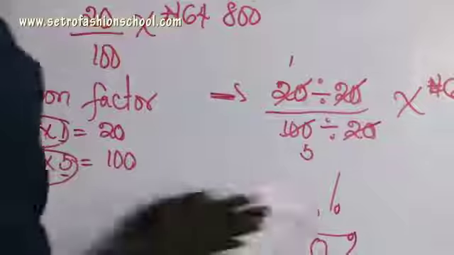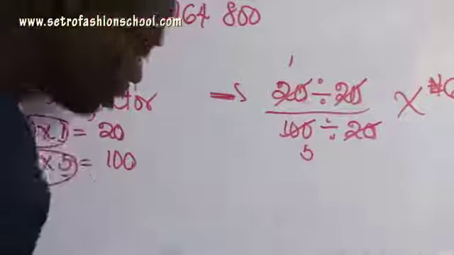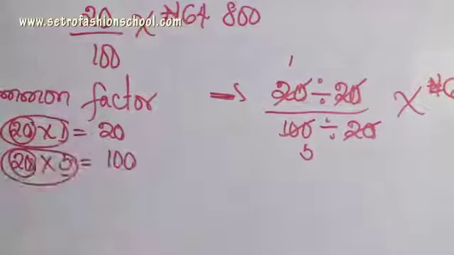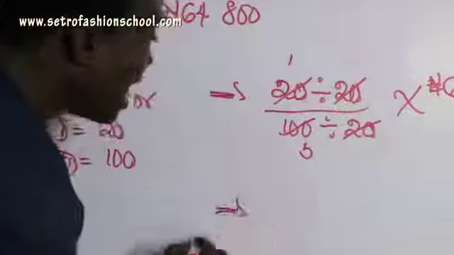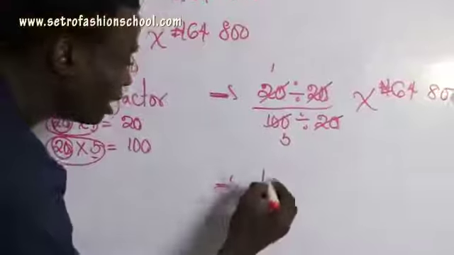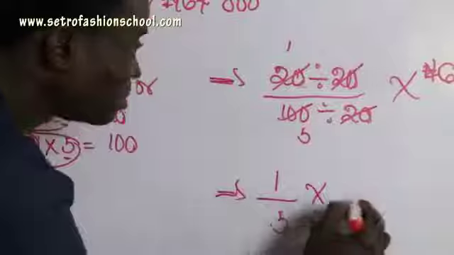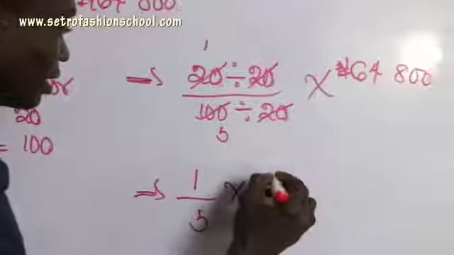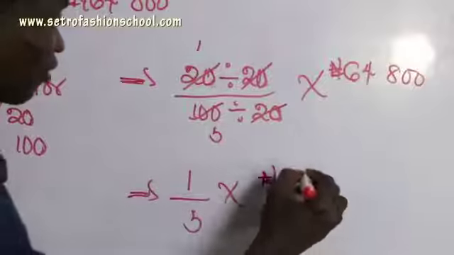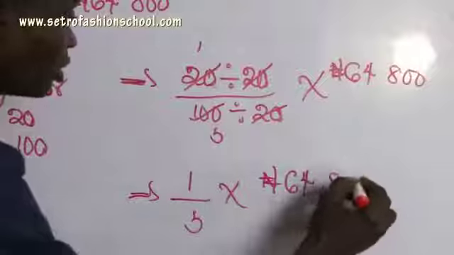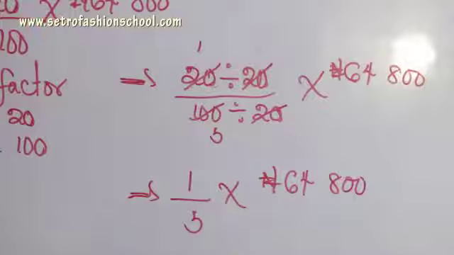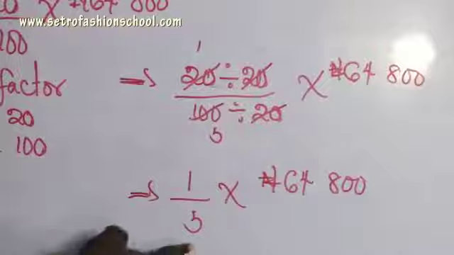Now, you move down to the next step, which is this. Here you now have 1 left at the top, all over 5 left at the bottom, times 64,800. Now, the next thing, like I said, you also look for the common factor.